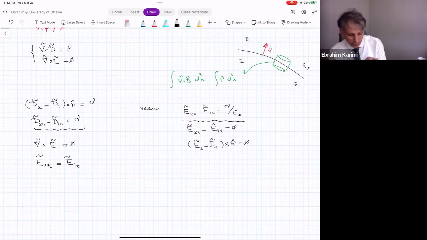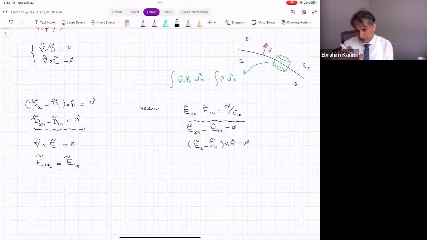Good? So the only change is that now we are dealing with D2n minus D1n equal to the charge density on the surface. And remember, for materials, it is different for birefringent materials, but so far we assume that the material is homogeneous and isotropic.